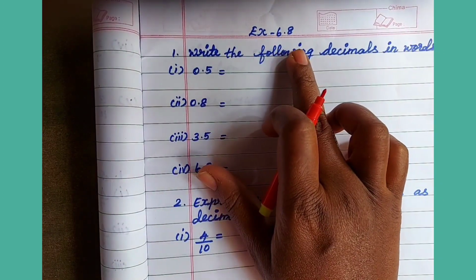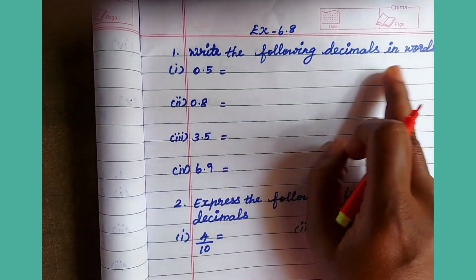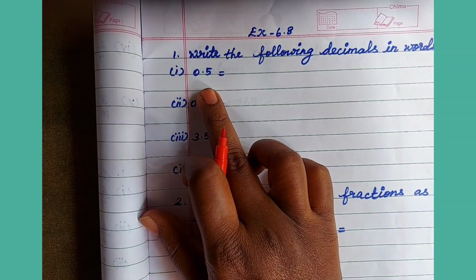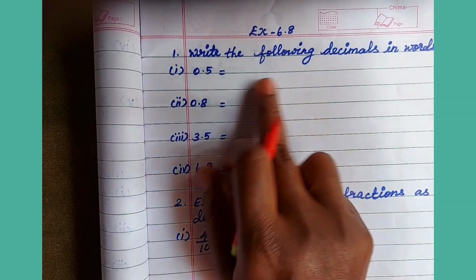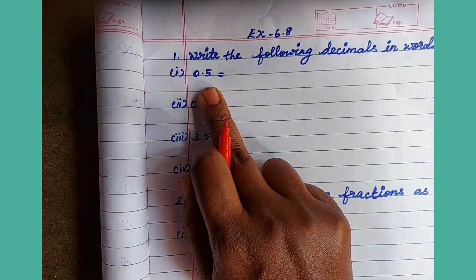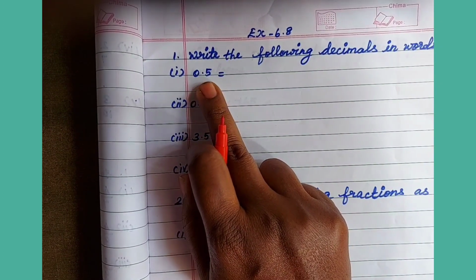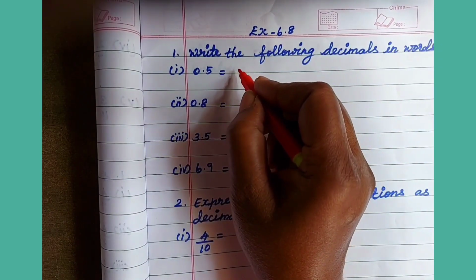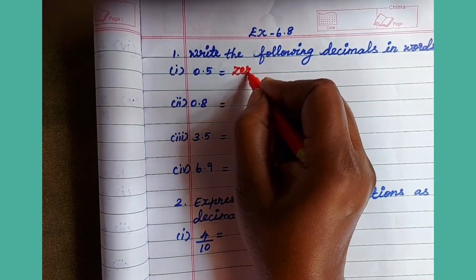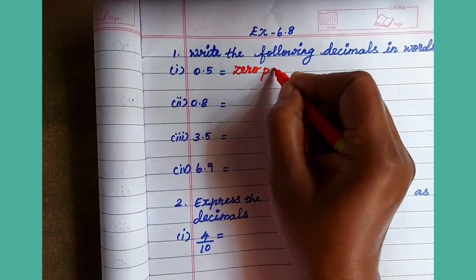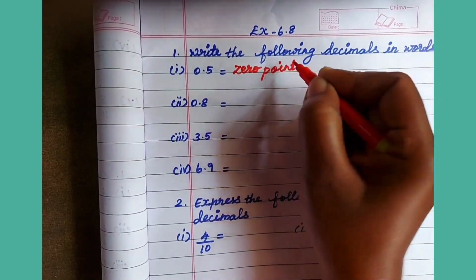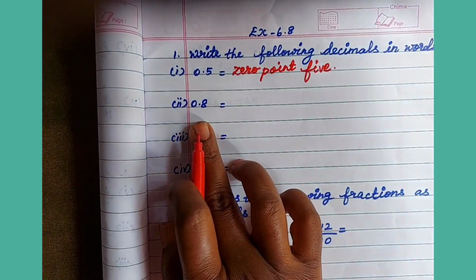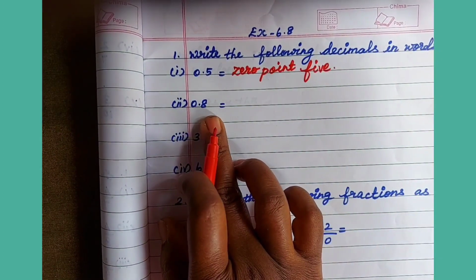Exercise 6.8. Write the following decimals in words. So a decimal value is given, and we have to write the value in words. How do we have to read this one? 0.5. So in words we write it the same way. Next one, how to read it, 0.8.